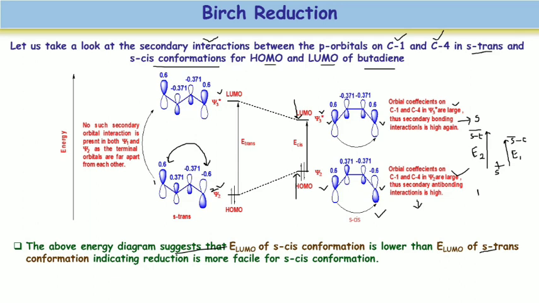Now E1 is less than E2. So for S-cis conformation, the HOMO-LUMO energy gap, which is expressed as activation energy, is lower compared to S-trans conformation. So S-cis conformation is more susceptible to Birch reduction compared to the S-trans conformation of butadiene.